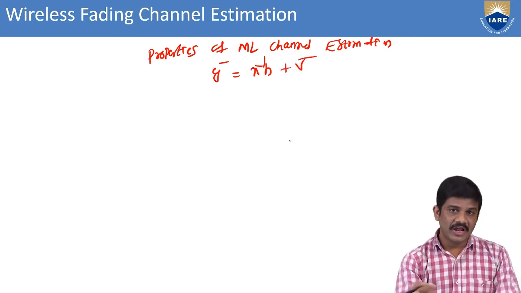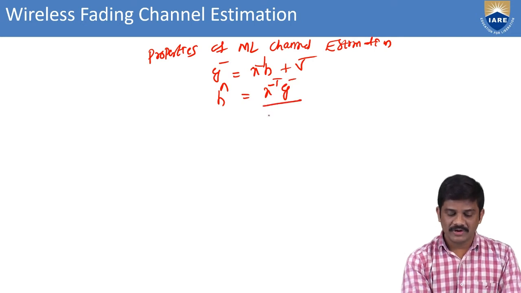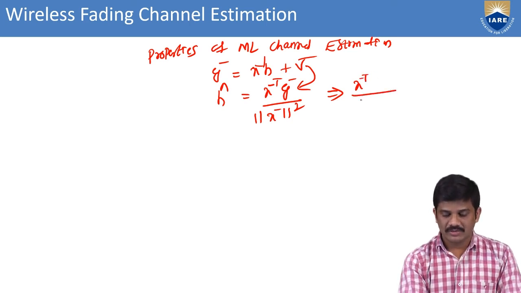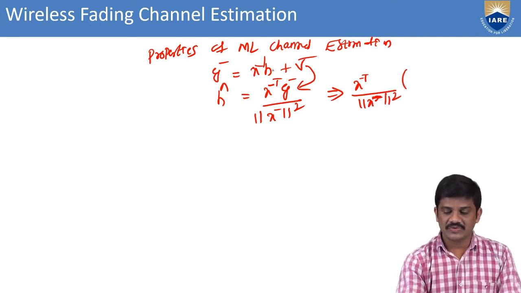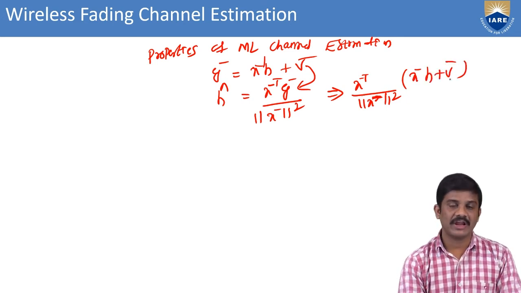Then I substitute this into our estimator h hat equal to x transpose y vector divided by the whole square. Here I substitute y bar, so we write x transpose, substituting y vector as x bar h plus v bar.